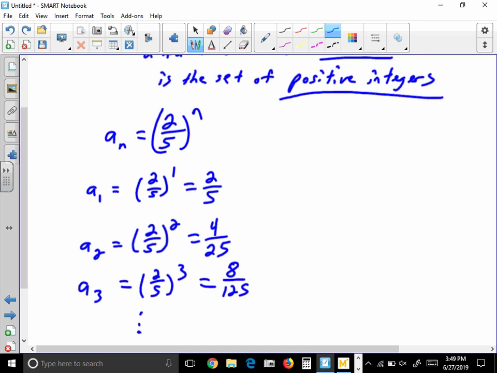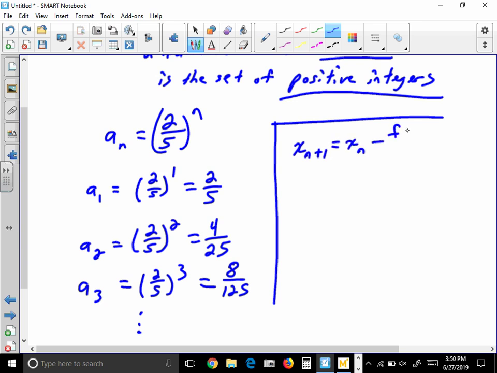When we did Newton's method, Newton's method, in a sense, was a sequence, but remember, it went like this. I think I have my prime backwards on the top.